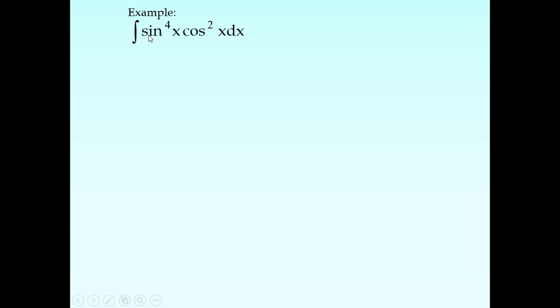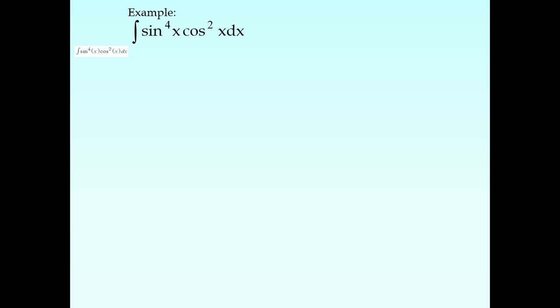In this one we transform this into something that contains sine. We use the trigonometric identities so that everything will be in terms of sine x dx. So we have here the initial step.